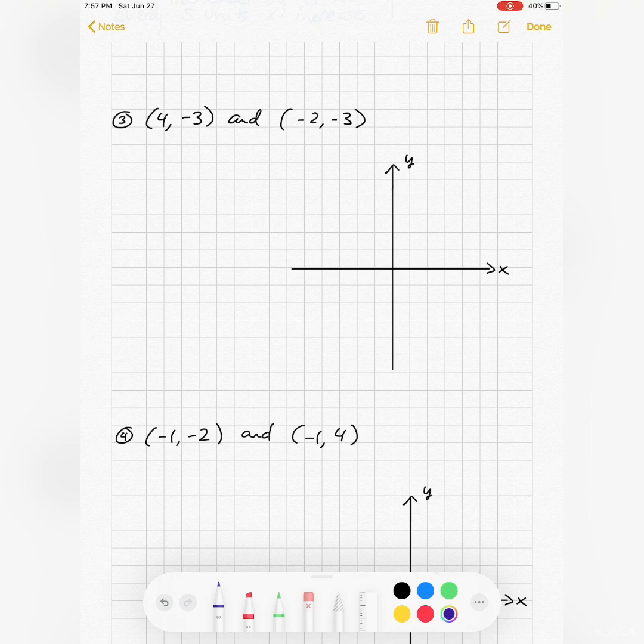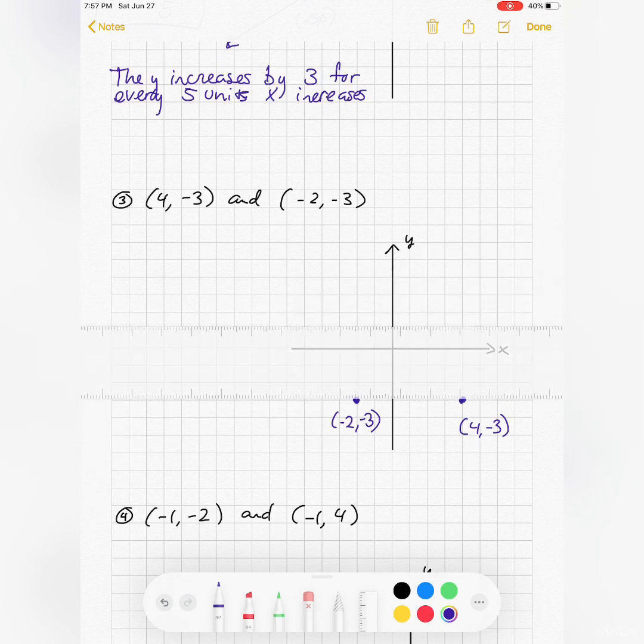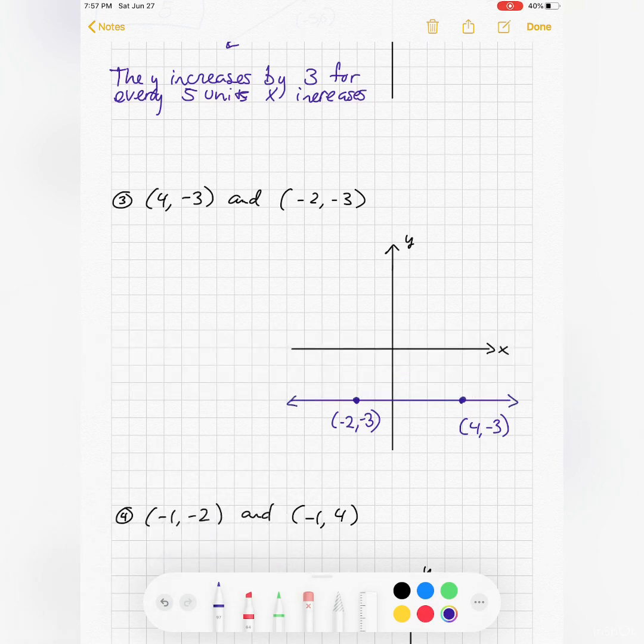Okay, so 4, negative 3. Oh, this is going to be a special one. Negative 2, negative 3. So remember this one, this is a horizontal line, right?